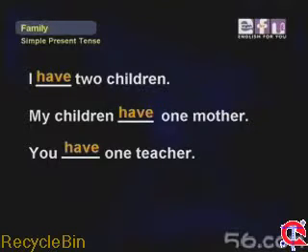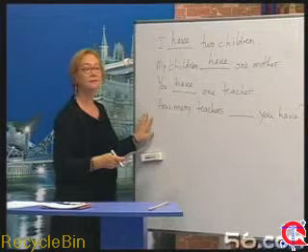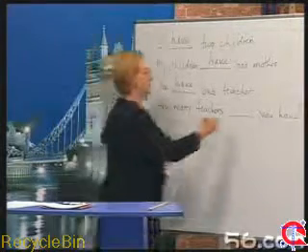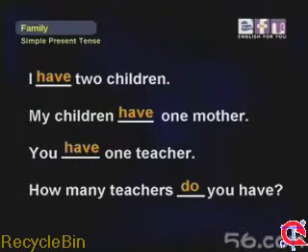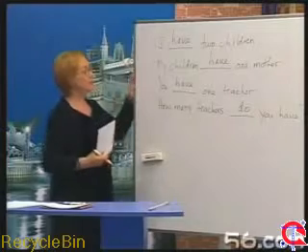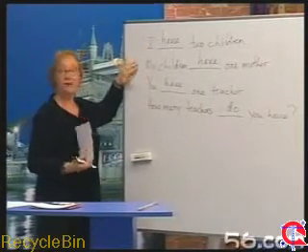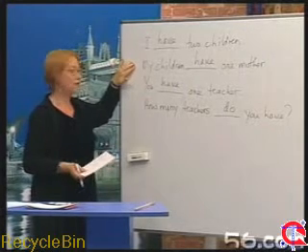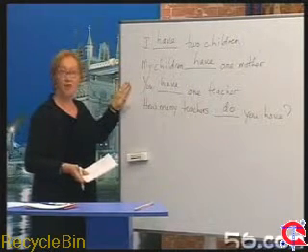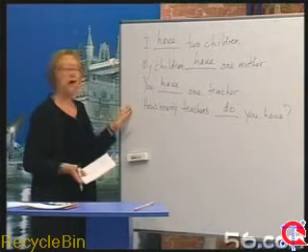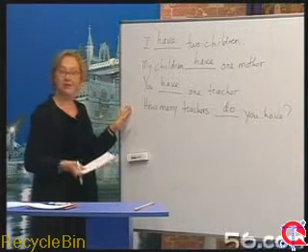You have 1 teacher. Yes, you have 1 teacher. And Lisa. How many teachers do you have? Yes, good. So again, I have 2 children. My children have one mother. You have one teacher. How many teachers do you have?